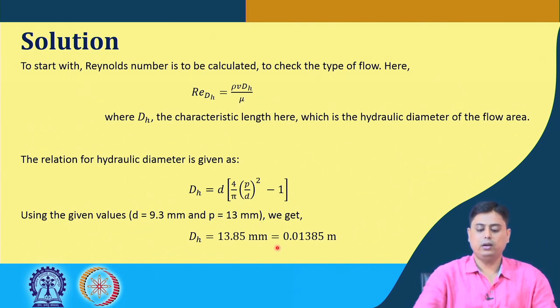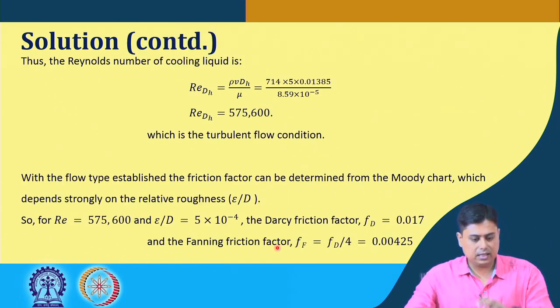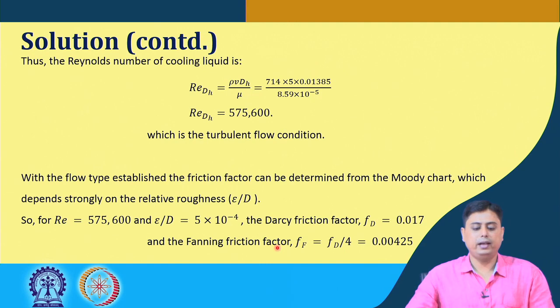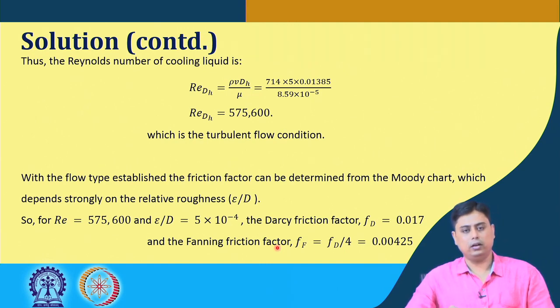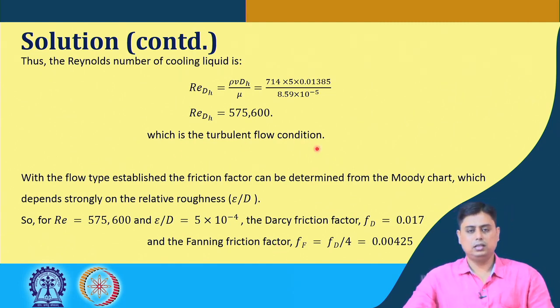Based on that, we first find the hydraulic diameter, and once that is done, we find the Reynolds number. Okay. And now we see this is a turbulent condition.